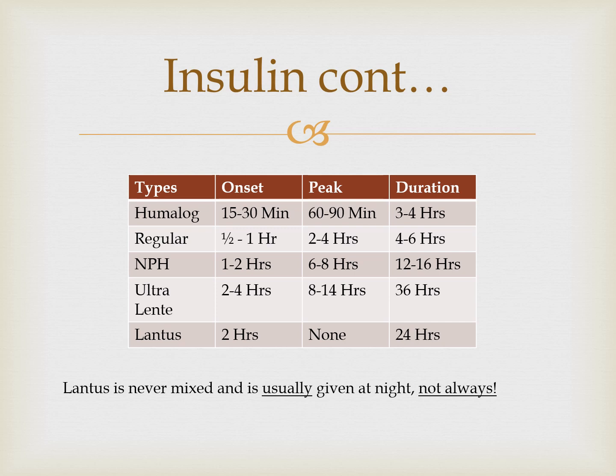You should be rechecking your patient for symptoms of hypoglycemia at your peak. Remember that the only insulin we run IV is regular. Also, please remember that Lantus is never mixed and is usually given at night, but not always.